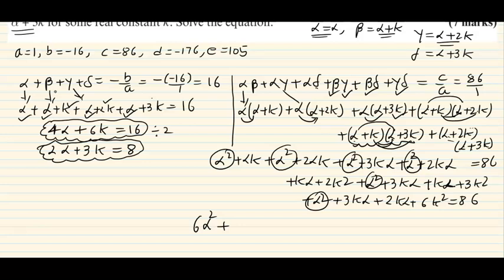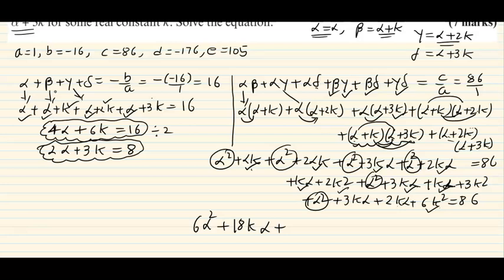How many k alpha are there? 1, 2, that is 3k alpha, plus 3, 6k alpha, and plus 3, 1, 3, 6, 8, 9, and 12, 13, 14, 15, 16, and 2, 18. 18k alpha. And how many k squares are there? If you count k square, 6k square is here, 2k square is here, so 6k square plus 2k square.